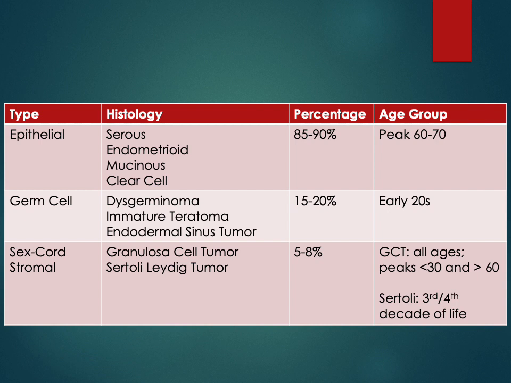You can have a juvenile type that's earlier in younger women, and then the adult type that we typically see in women over age 60, typically postmenopausal women. Sertoli-Leydig tumors are typically in women in their 30s and 40s.